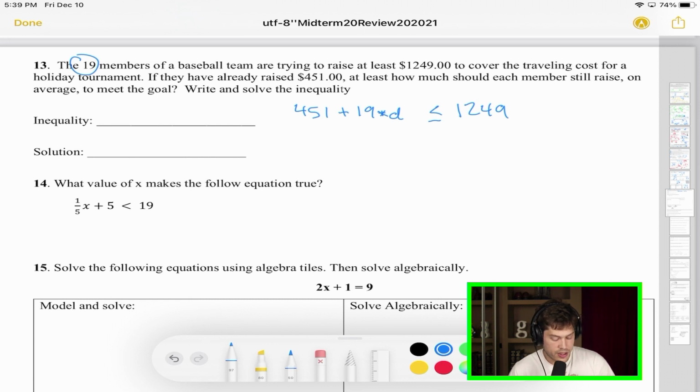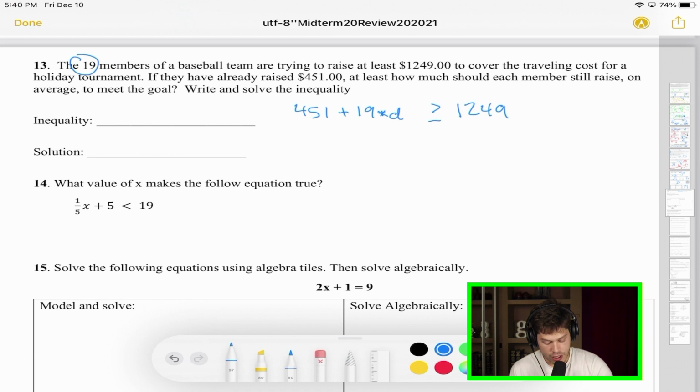451 plus 19 times D needs to be greater than or equal to 1249. So the solution is what? Well, we just solve this problem as we solve every other problem.